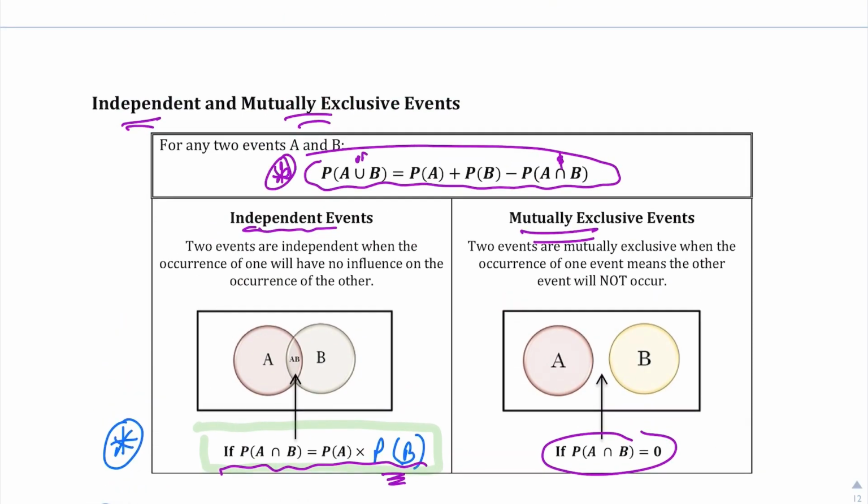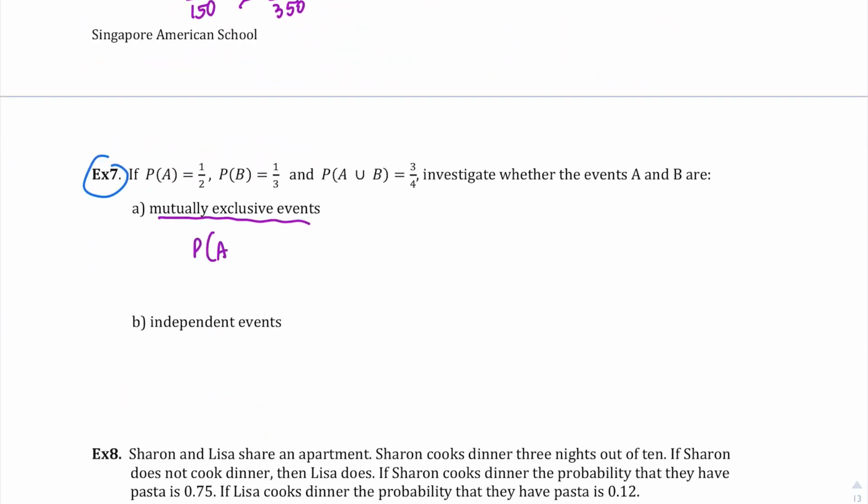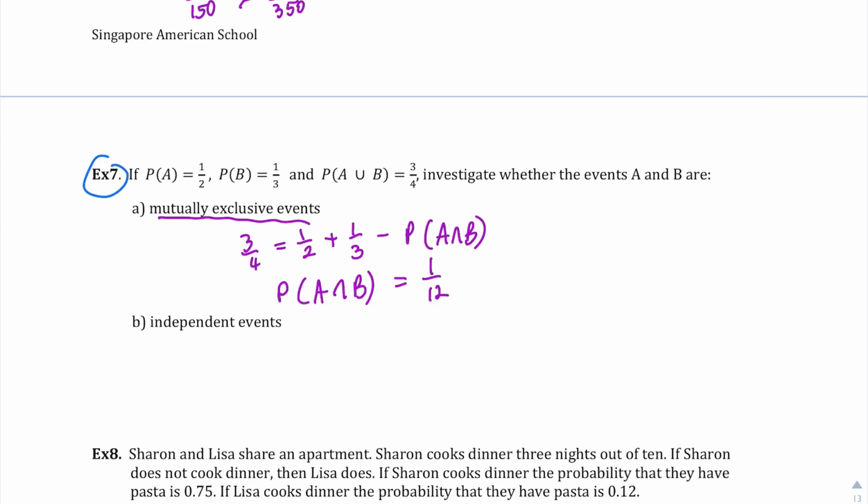The formula I'm going to use is the probability of A or B. And so I'm going to work out the probability of A or B is going to be the probability of A plus the probability of B, sorry, minus the probability of A and B. So that's the formula that I'm using, and then I'm just going to go back in and replace A or B with 3/4, and I'm going to work out that the probability of A and B in this case is going to produce the numerical value of 1/12.